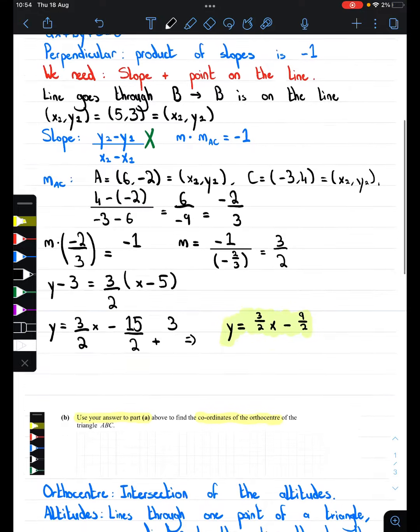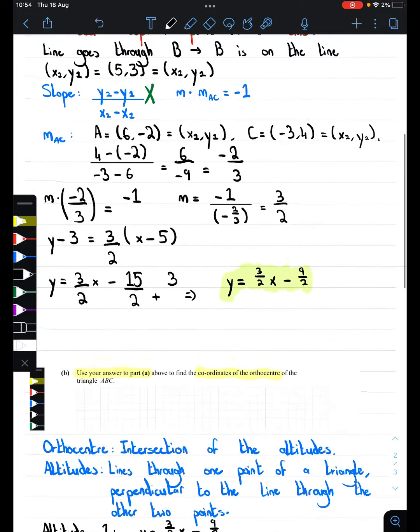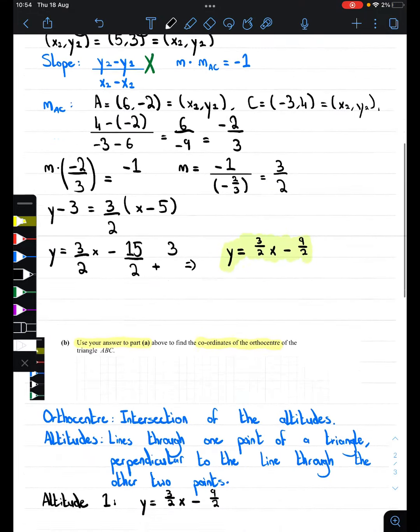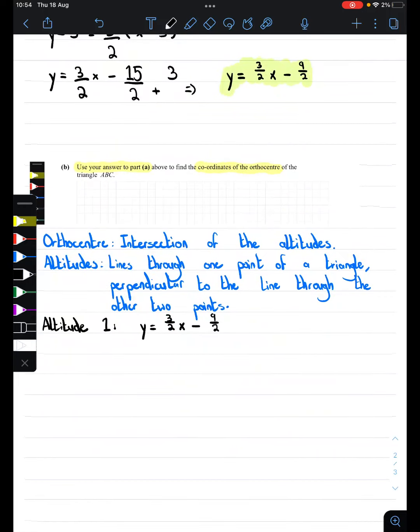All right, and now, same process. We have our line formula like we did in part A. We need a point on this line, which is A, (6, -2).